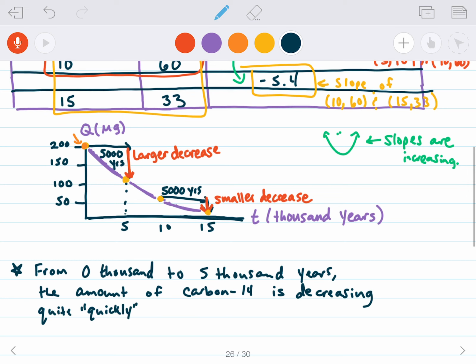All right, there's a big drop, right? There's a big drop from year 0 to year 5.